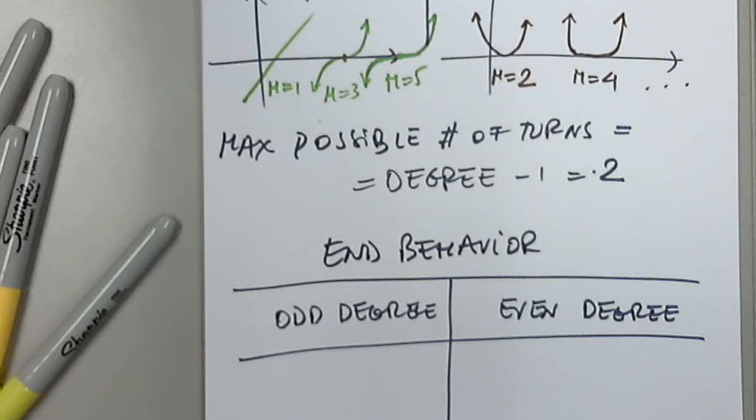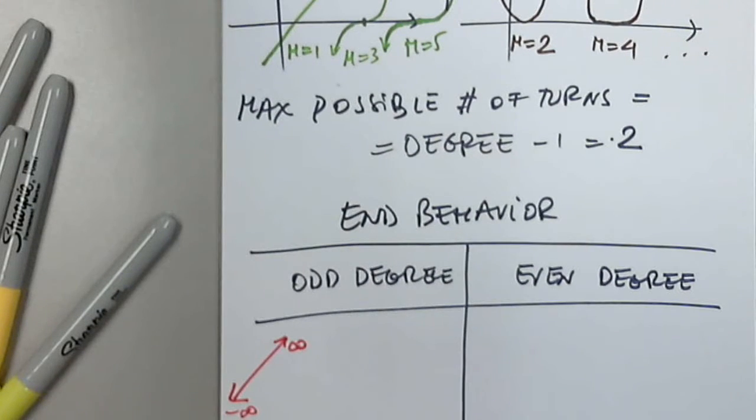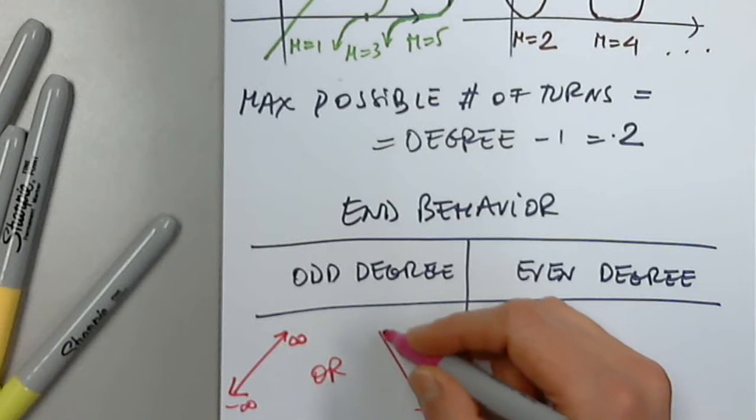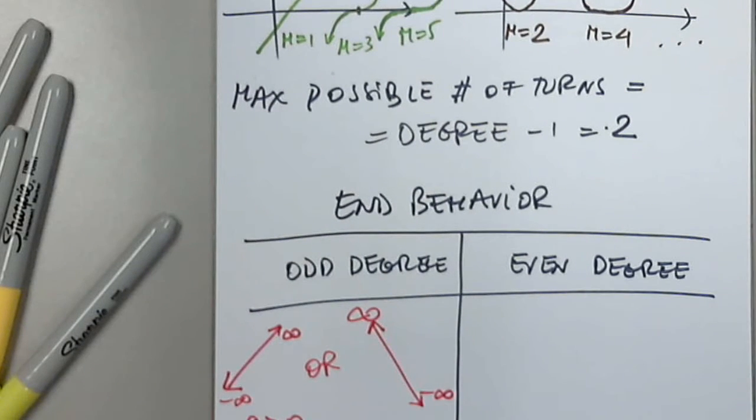All of them. So odd degree can do this, from negative infinity to infinity if the leading coefficient is positive, or can do this, from positive infinity to negative infinity if the leading coefficient is negative.